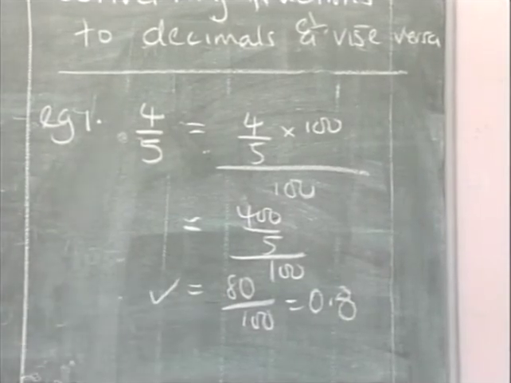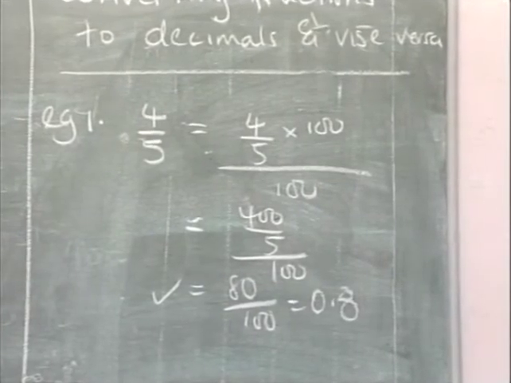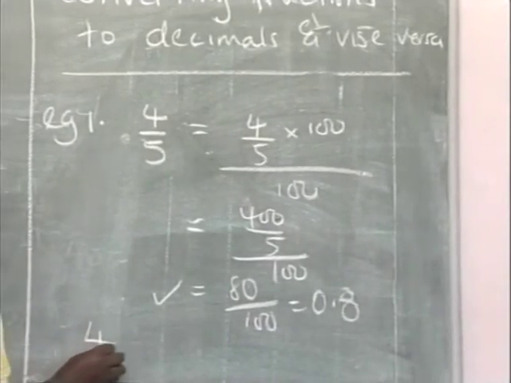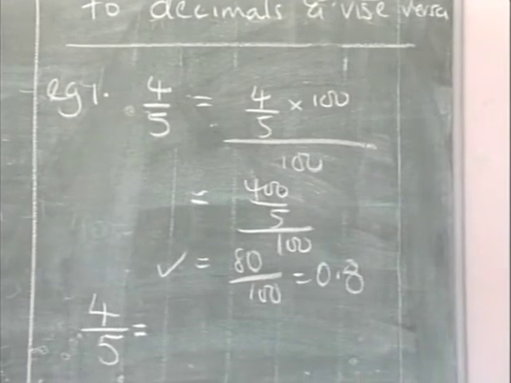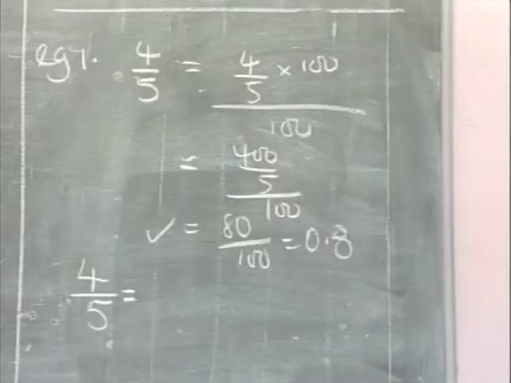Okay. Any other ways? Livingston? You need the mic. You divide the numerator by the denominator. Okay, divide 4 by 5.